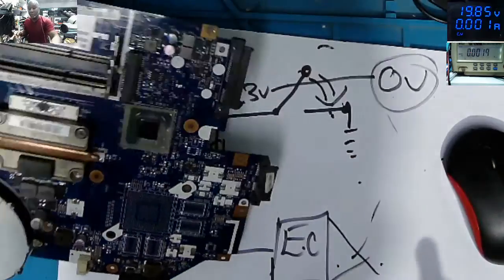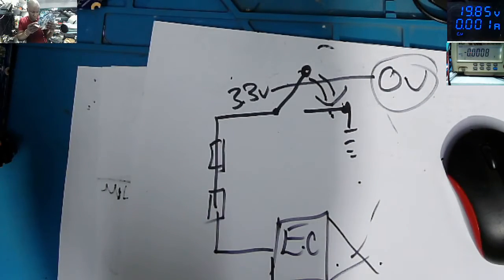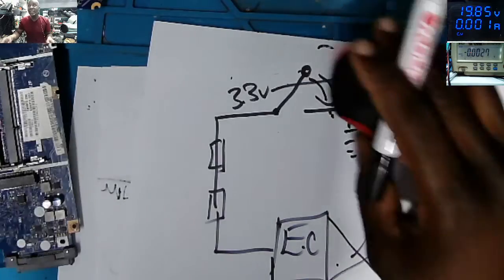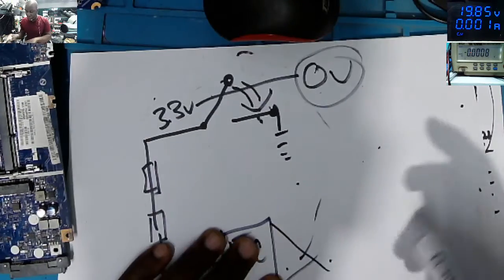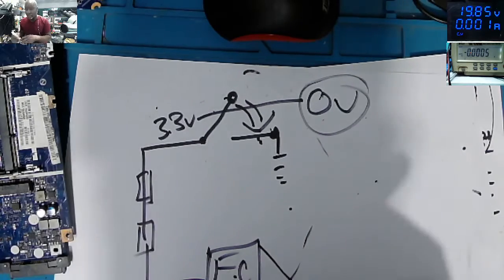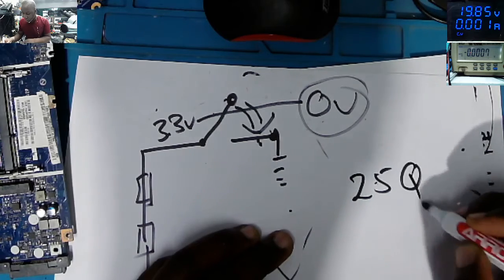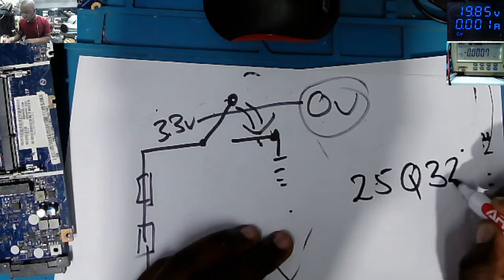But what I'm doing on the BIOS chip, you find some writing on the BIOS chip. For example, Winbond BIOS chip, you find 25Q32.